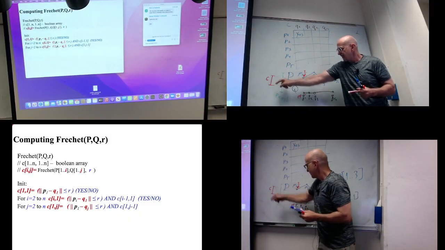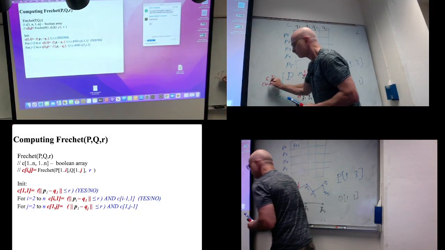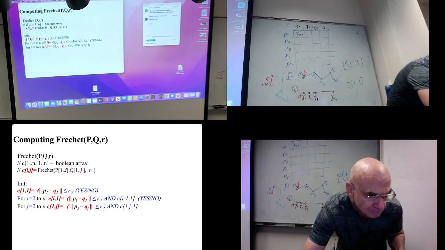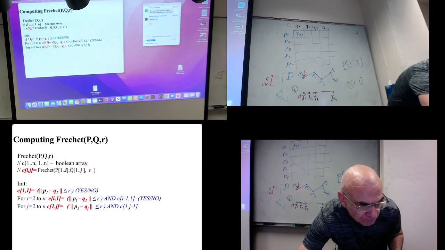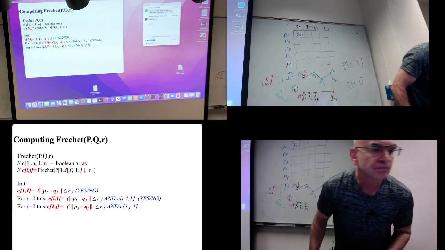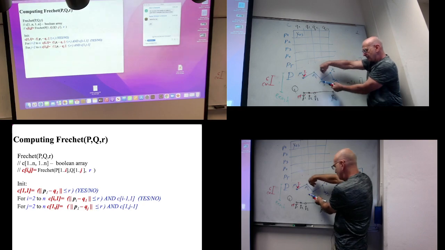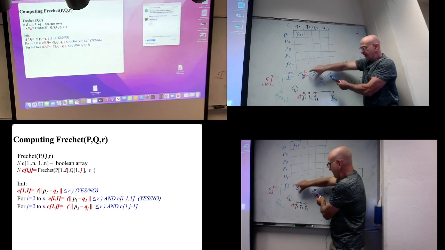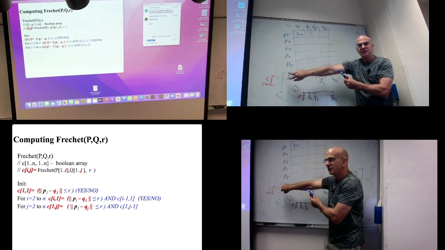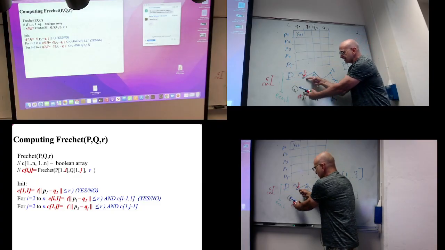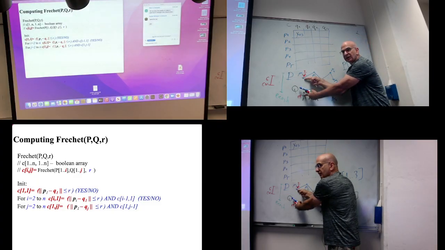With a leash of 6 centimeters, I ask: can the person on the rope roll all the way using a leash of 6 centimeters? But they always start at P1 and Q1.